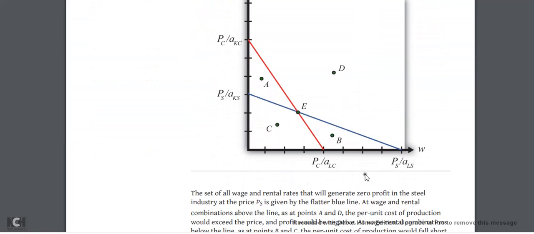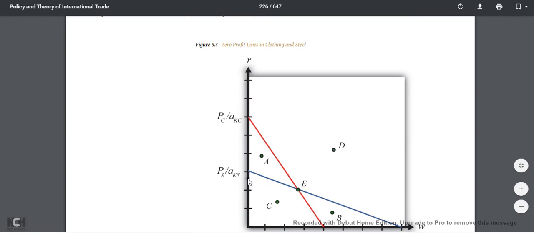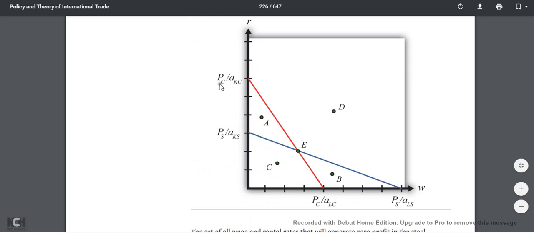Okay, so in this graph the x-axis represents the number of laborers employed for producing cotton and steel, and the y-axis represents the units of capital used for producing steel and cotton. So now look into this.